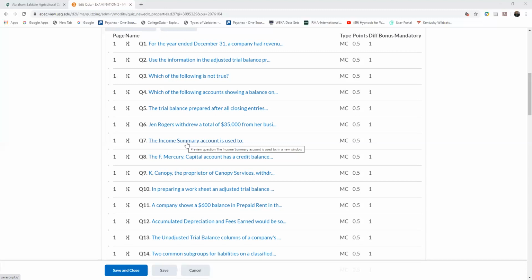If you're crediting income summary to make it go to 0, then you're debiting the equity side, and that represents a loss. So you can look at the equity account and look at just the entry for the income summary, and that'll tell you right away whether you had revenue that exceeded expenses or expenses that exceeded revenue.